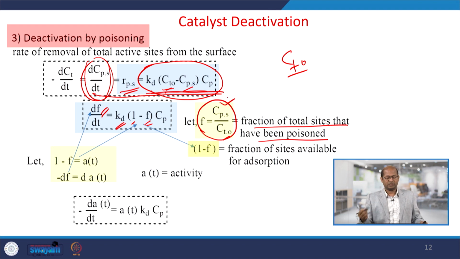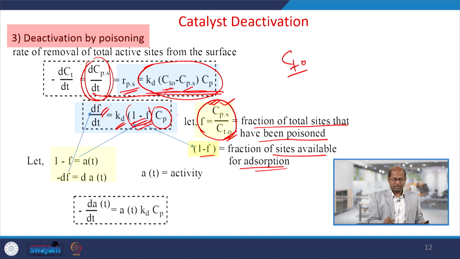Cps is the concentration of the poisoned sites, and this is the total sites, so the ratio is the fraction of the total sites that have been poisoned. So, 1 minus F times Cp, where 1 minus F is the fraction of sites available for adsorption, means F is the fraction of active sites covered by poison molecules, and 1 minus F is the fraction of sites available for reactions.